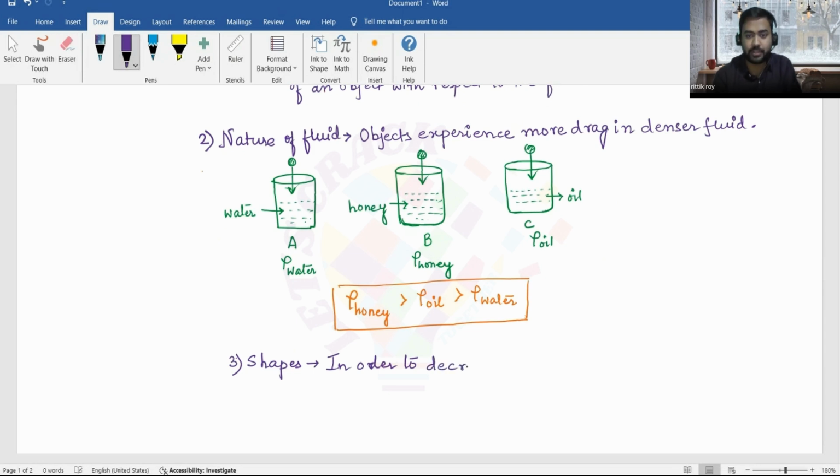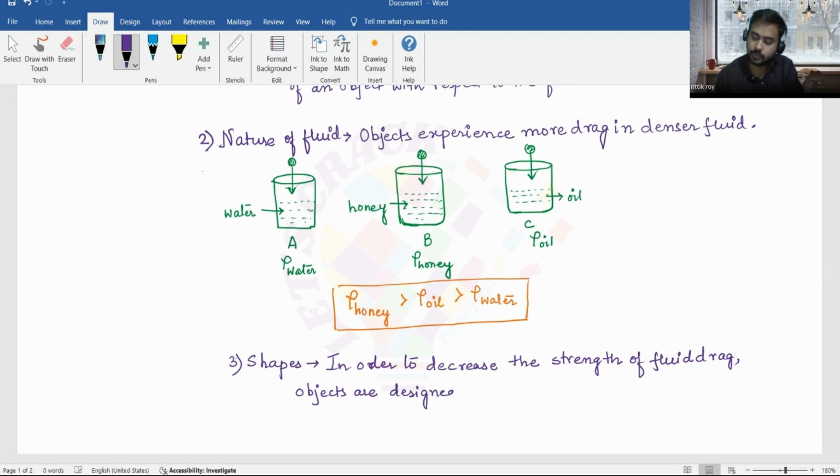So if I want to decrease the friction, then what I have to do is decrease the strength of the fluid drag. So in order to decrease drag, objects are designed to have a streamlined shape.